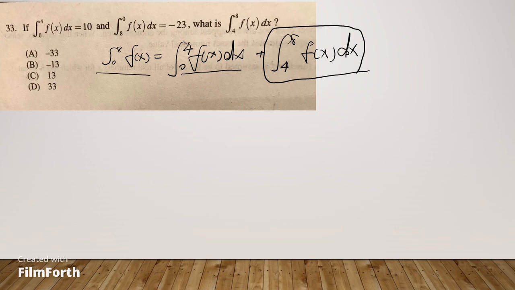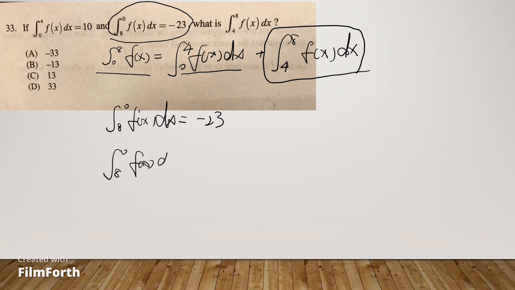So we found that they give us the integral from 8 to 0 equals negative 23. And as we have learned, the integral from 8 to 0 of f of x dx is equal to negative the integral from 0 to 8 of f of x dx.